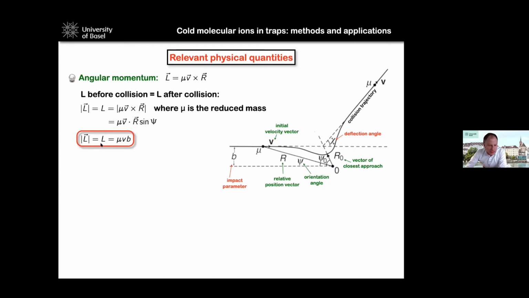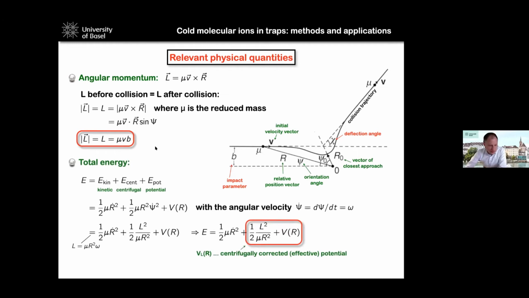Okay, so this means that L is proportional to b. The magnitude of the angular momentum of this collision is proportional to b. And since angular momentum is conserved here, L before the collision is the same as L after the collision. This means that we can calculate the angular momentum for this entire process with this simple relationship. Okay, so this is an important result.